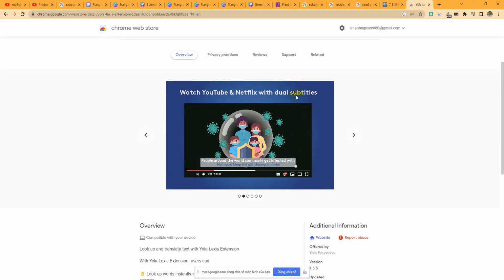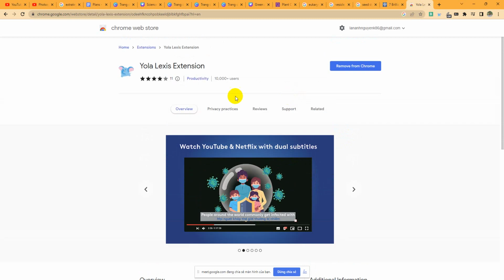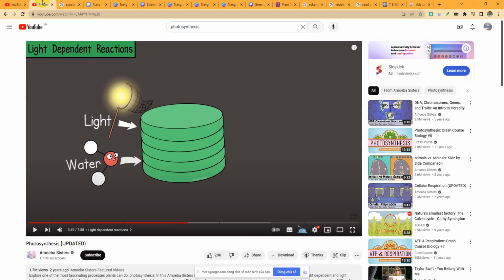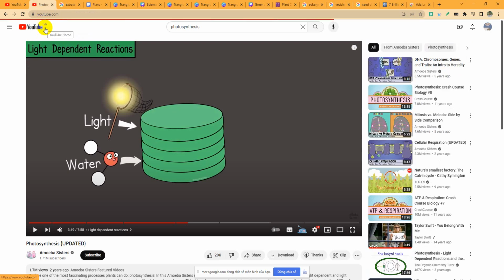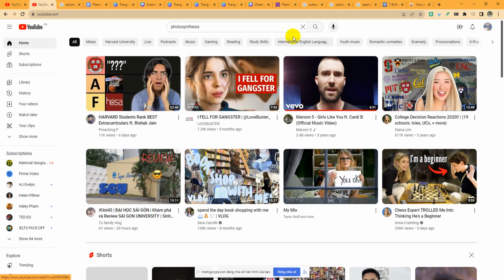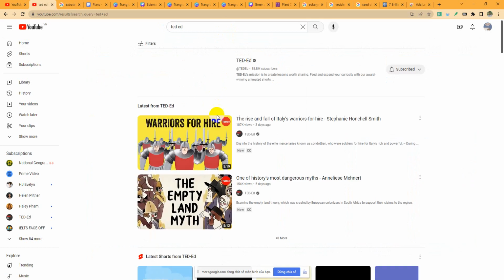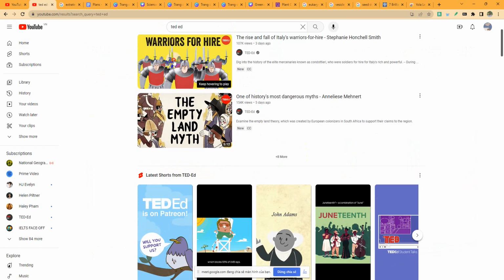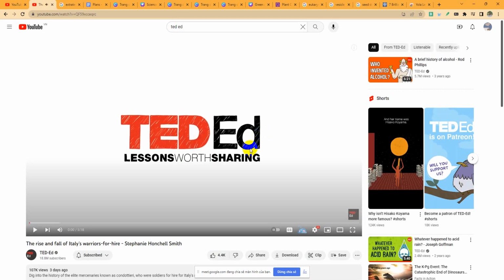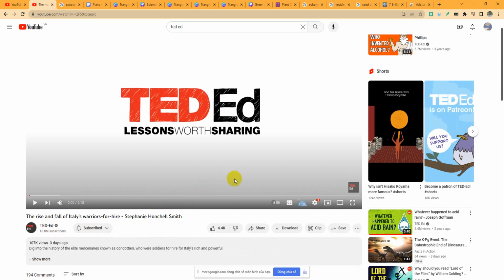And then you can also watch Netflix and YouTube videos with subtitles with this. This is the extension and the function of Yola Lexus I love most. I'm gonna share this with you guys, because I think installing this is highly recommended and really amazing. So for example, if I'm randomly watching a TED video, let's see the newest video here, like Warriors, the rise and fall of Italy's Warriors for hire.